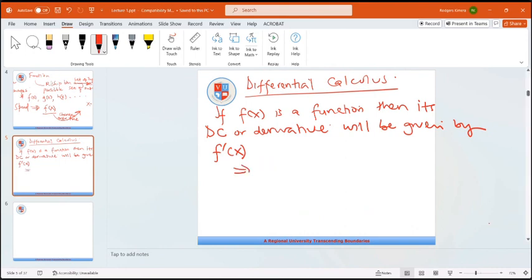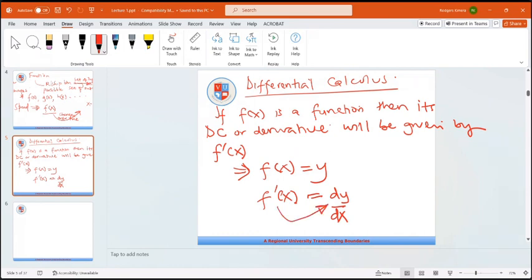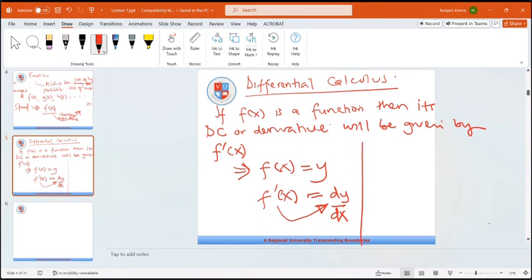Similarly, if f(x) is equivalent to y, then f prime of x will be the same as dy/dx, the derivative of y with respect to x. That's how we can read this. These two things are actually the same, depending on what has been given.